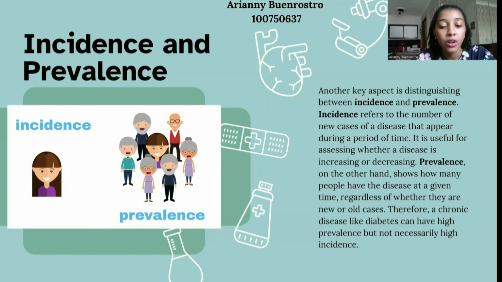Prevalence, on the other hand, shows how many people have the disease at a given time, regardless of whether they are new or old cases. Therefore, a chronic disease like diabetes can have high prevalence but not necessarily high incidence.